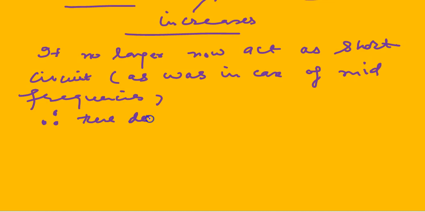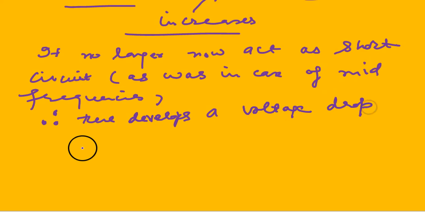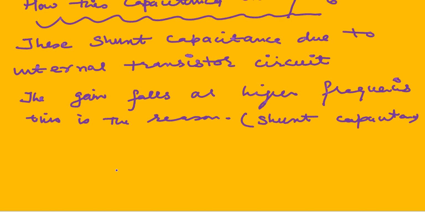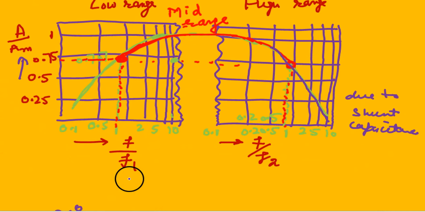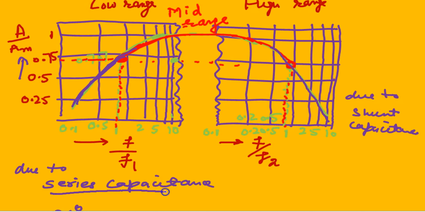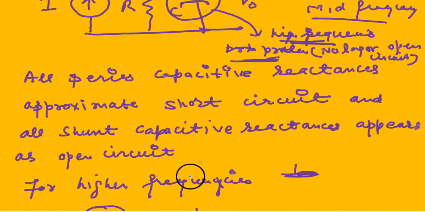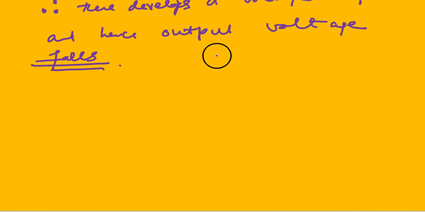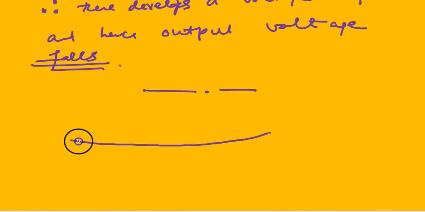So therefore there is always some voltage drop across the capacitor, with the result the gain or the output voltage decreases going towards the lower side of the frequencies. So series capacitance creates a problem at the low frequency region. Okay, thank you very much.